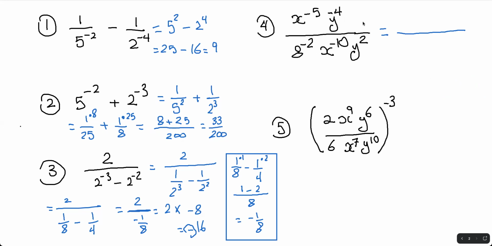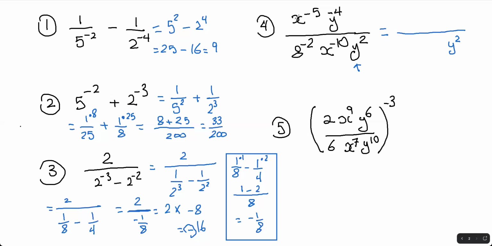Okay, so here, the only thing that doesn't have a negative exponent is the y squared. So that's the only thing that's going to stay on the bottom, where it is. It has a positive exponent, therefore it stays on the bottom with the positive exponent. Everything else here has to change position.